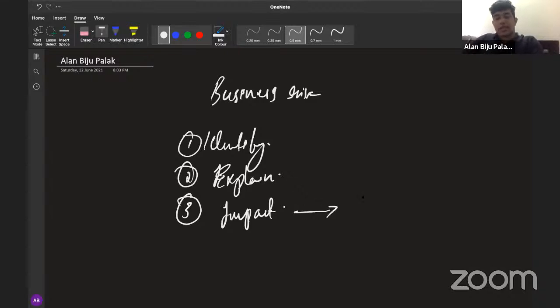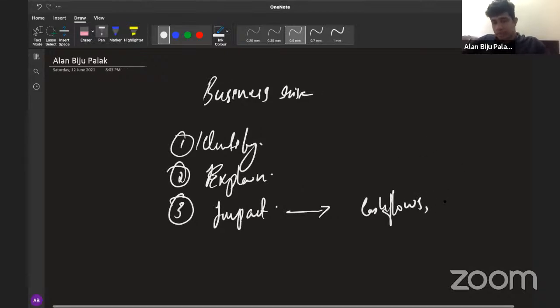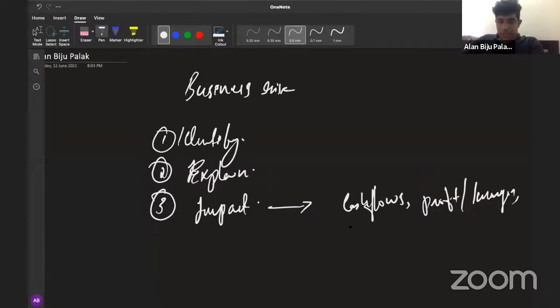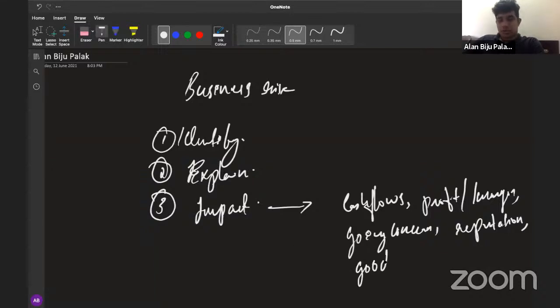Therefore, you will be showing the impact over the company's cash flows, then the company's profit or margin, then the impact on the company's going concern, then reputational damages, impact over the company's reputation, goodwill, and impact over the company's revenue.